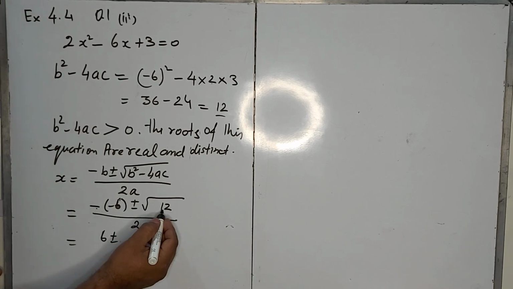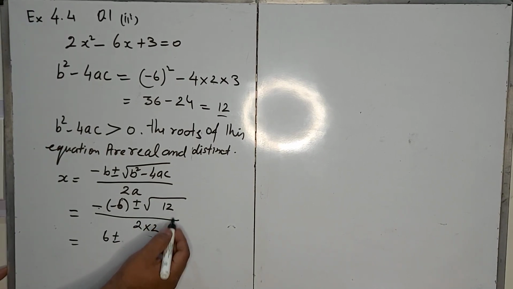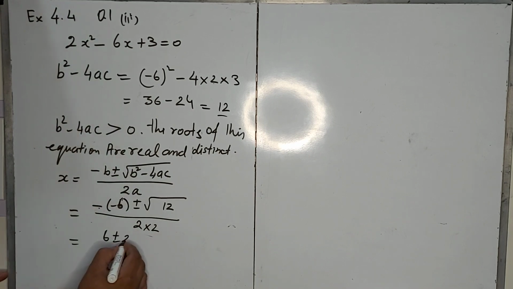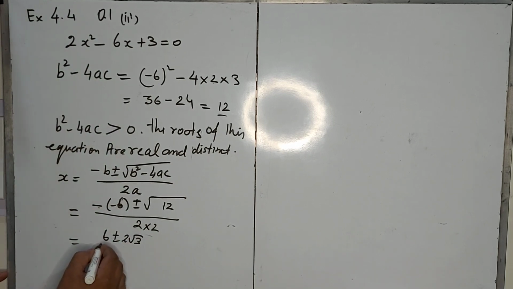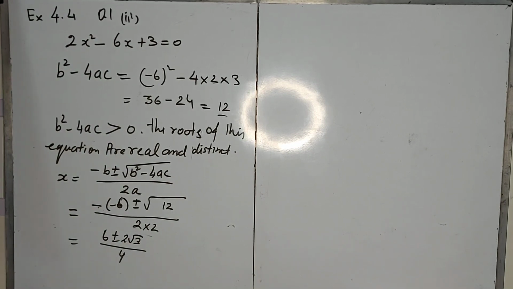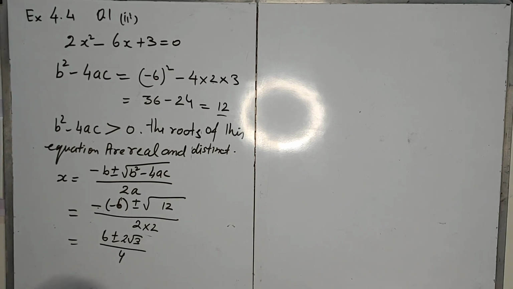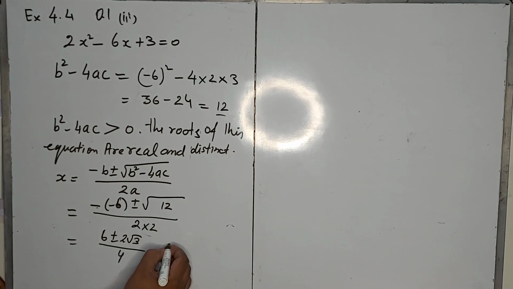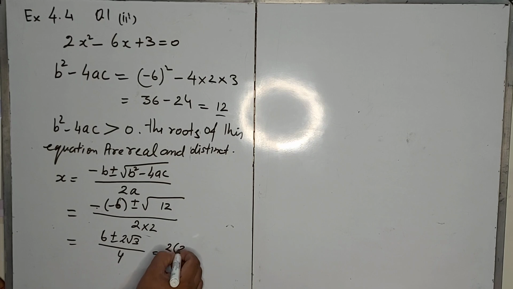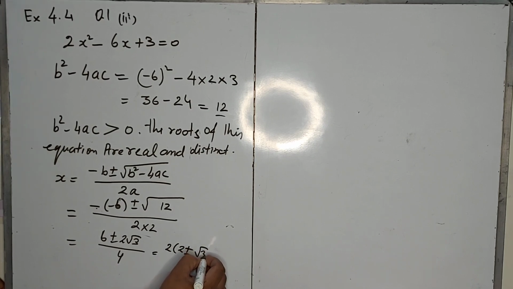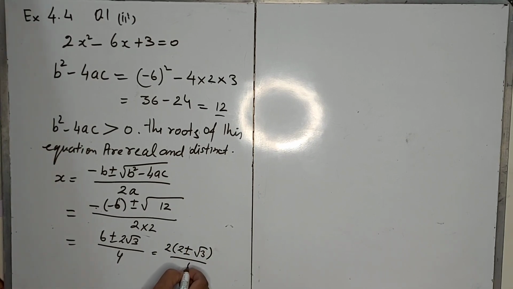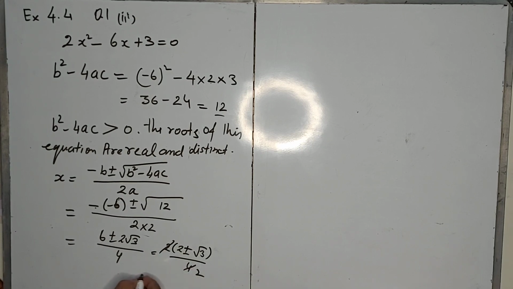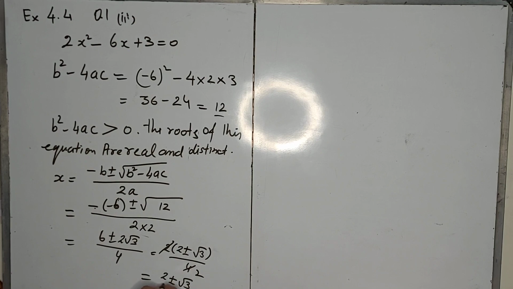You can make the factor 4 into 3, and the root of 4 is 2. That means 2 root 3 divided by 4. Here 2 is a common factor. We can write 2 plus minus square root 3 divided by 4. That means 2 plus minus square root 3 divided by 2.